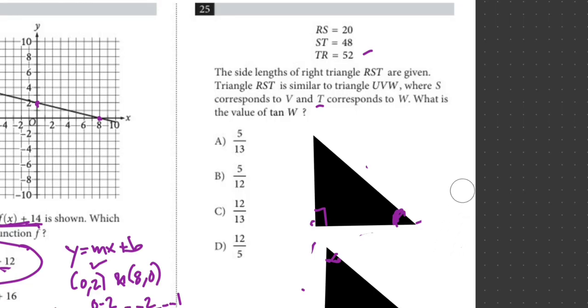Okay. It has something to do with the notation or when you're drawing. Hold on. So RS, let's say this is R, and this is T. So let's say this is 52. Then RS, so S is the, okay, this is 20. We change our drawing.